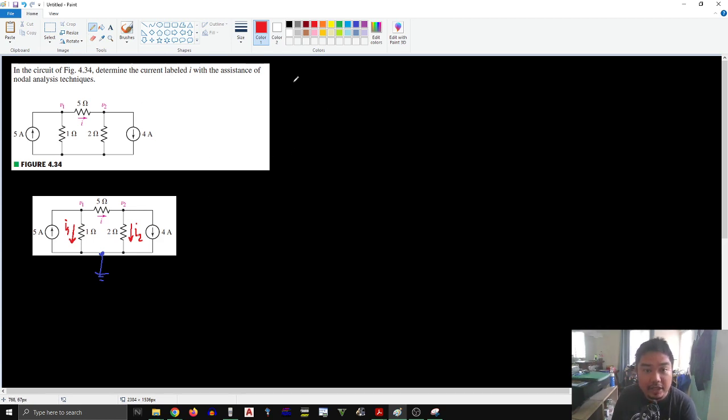Then apply Kirchhoff's current law, KCL at node V1. KCL states that the sum of all the currents entering a node must be equal to the sum of all the currents leaving.